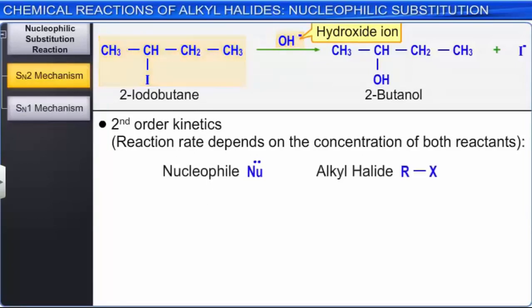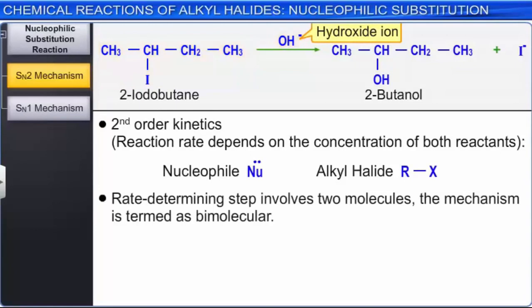As the slow step or rate-determining step involves 2 molecules, the mechanism is termed bimolecular. This reaction occurs in a single step and does not involve any intermediate.